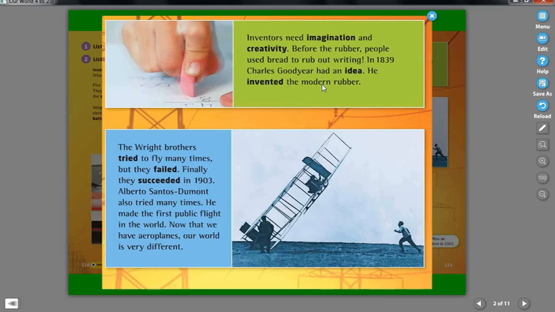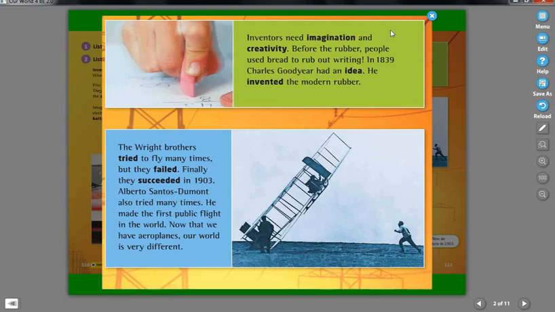He invented the modern rubber, okay? So, do you know the Wright brothers? And when did they succeed in flying? When did they succeed in flying? In 1903, okay? And now, are there any aeroplanes in the world? Yes, there are aeroplanes in the world. And are they the same? No, they are different. Okay.